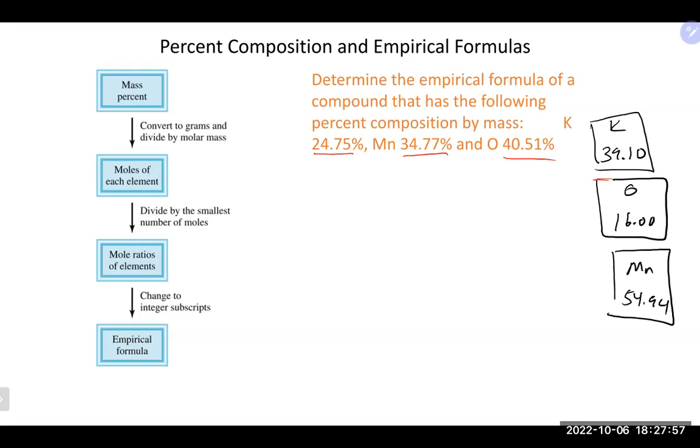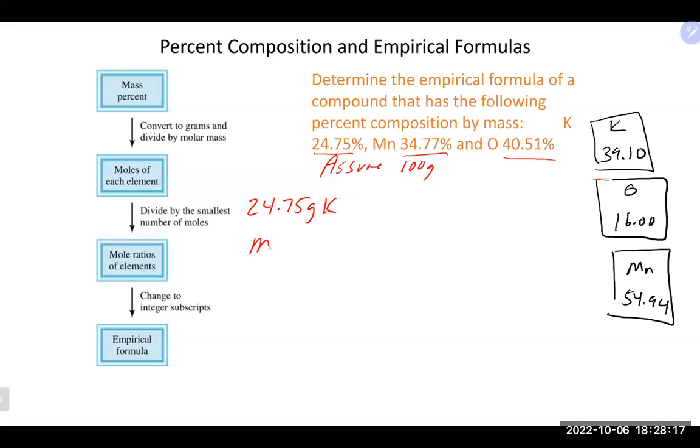Since we do have 100% here, we can assume 100 grams. And really the purpose of assuming 100 grams is just to keep the numbers the same. You could assume whatever number you want, but then the numbers change. So if we assume 100 grams, that means for potassium, we have 24.75 grams of potassium.